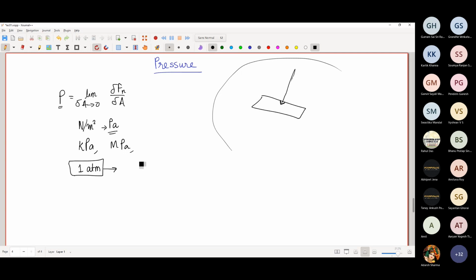Under normal conditions, you have stuff at 1 atmosphere. But 1 atmosphere is literally 101.325 Pascal, which is 101.325 kilopascal, which is also 0.101 megapascal, right?